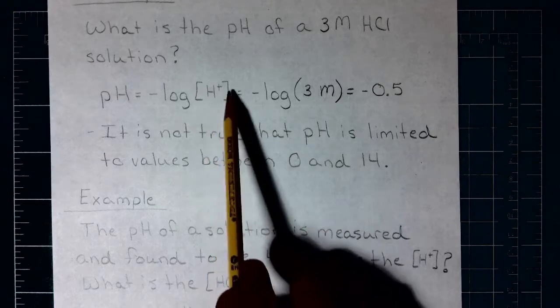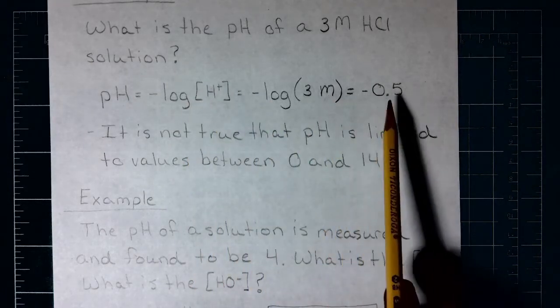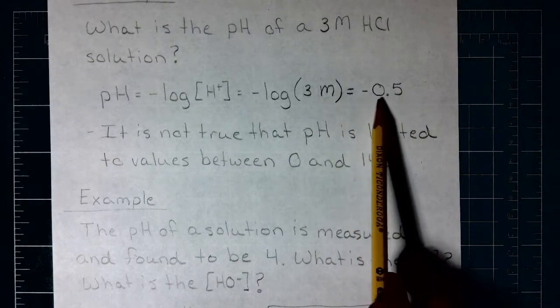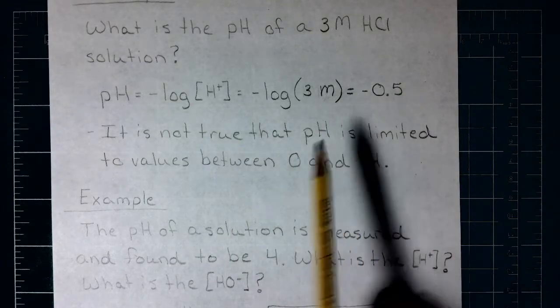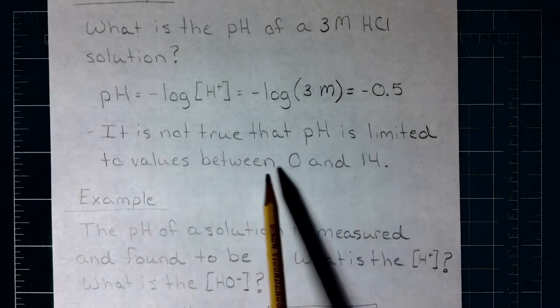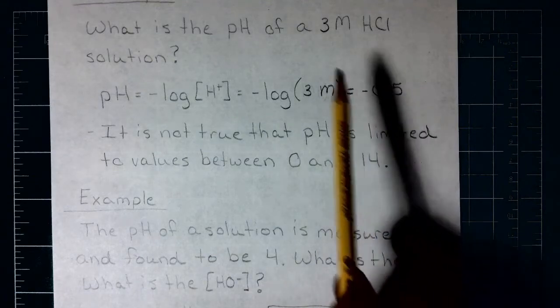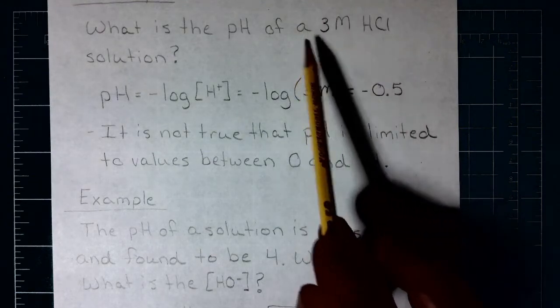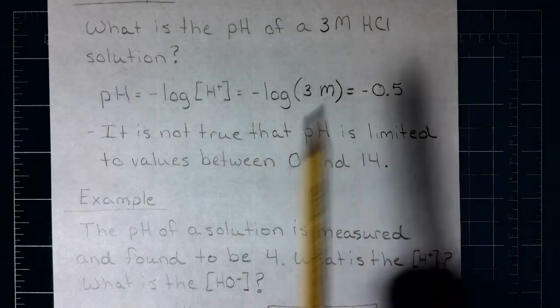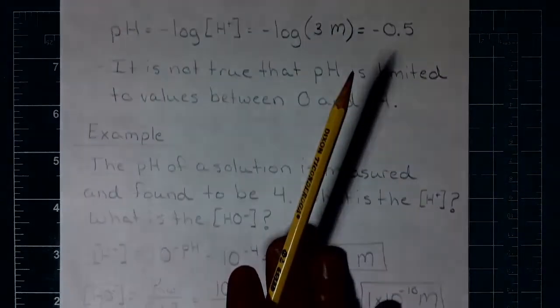Remember that these concentrations, whenever we're working, should be in molarity. And we get a value of negative 0.5. This shows that it is not true that the pH is limited to values between 0 and 14. It could actually even go lower than this. The most concentrated solution that you can make out of hydrochloric acid is 12 molar, so 4 times more concentrated.